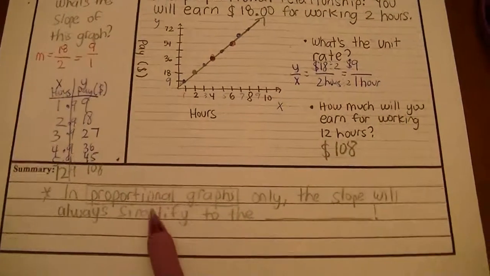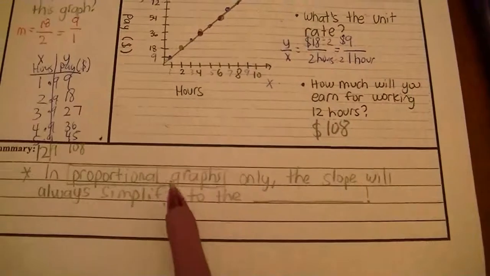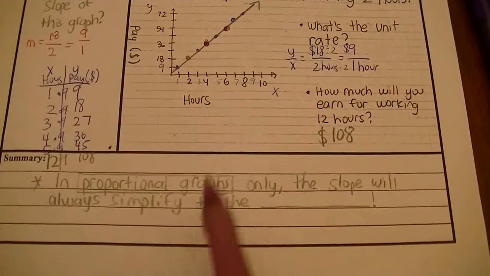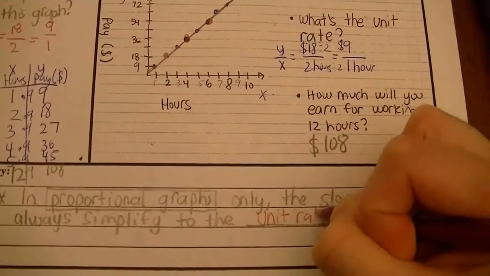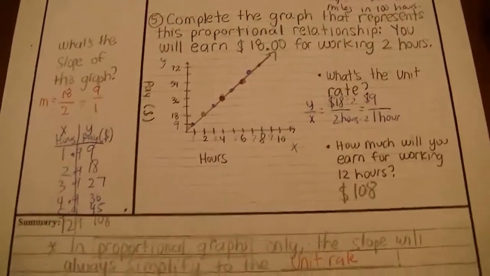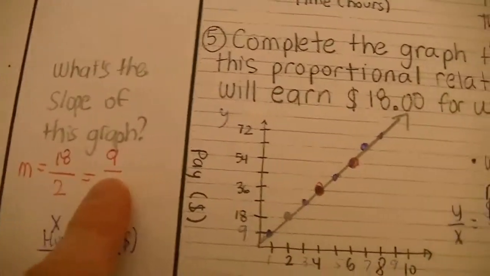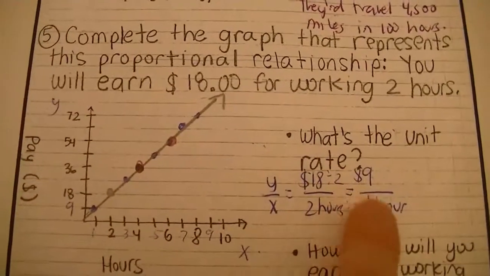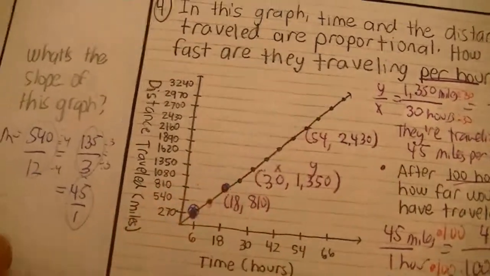All right, in a proportional graph only, now this is just something you should notice. In a proportional graph only, the slope will always simplify to the unit rate. Did you notice that? So see how this graph is proportional. Its slope simplified down to its unit rate. Look, there's the unit rate. Here's another proportional graph. Here's its slope.